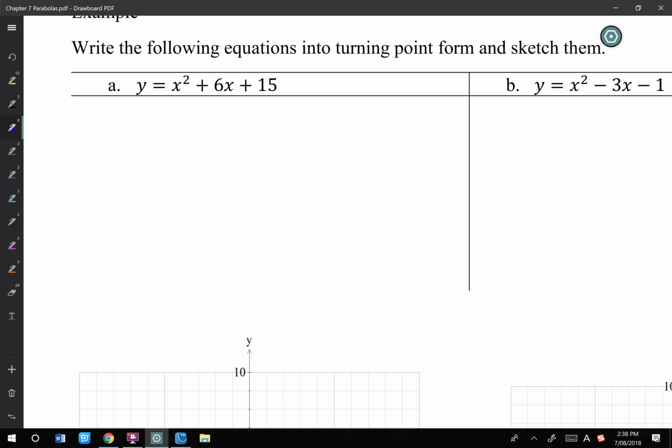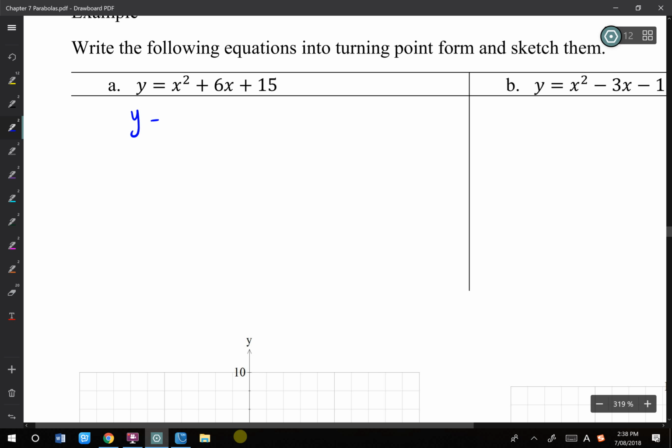Y equals, there's no coefficient for x squared. Okay, there's no coefficient, just 1, which is easy to complete the square. So what I should have is x squared plus 6x plus half of b, which is 3 squared, and minus 3 squared, and plus 15.